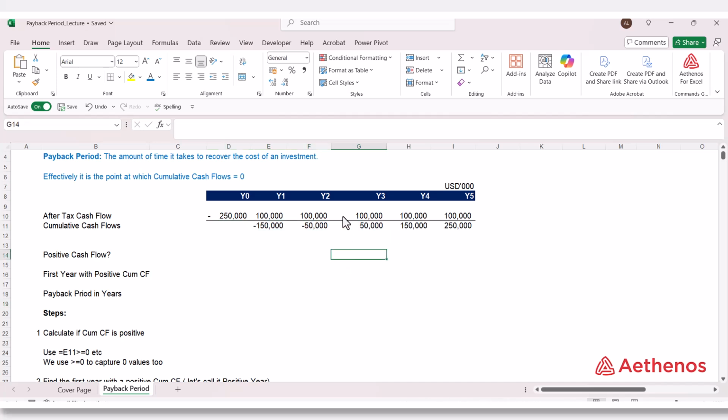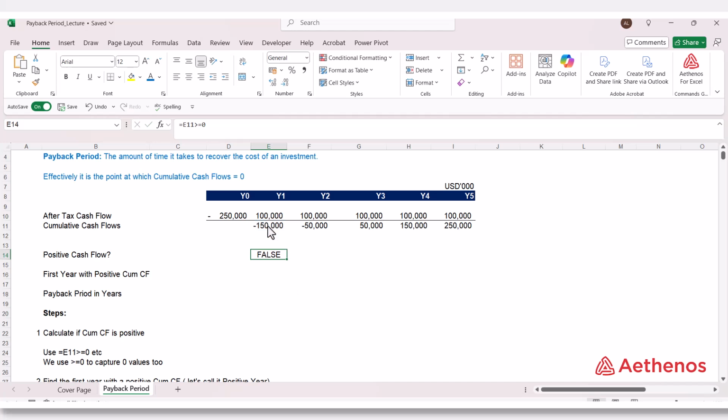So that's where the break-even point or the payback period is. So we can use a formula like this. We can check whether E11 is greater than or equal to 0. So here we'll type that formula. We'll take E11 greater than or equal to 0. And I will copy it across.